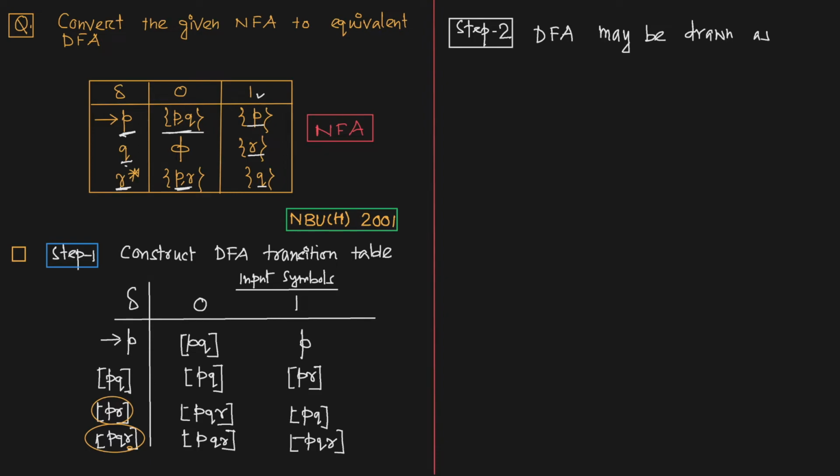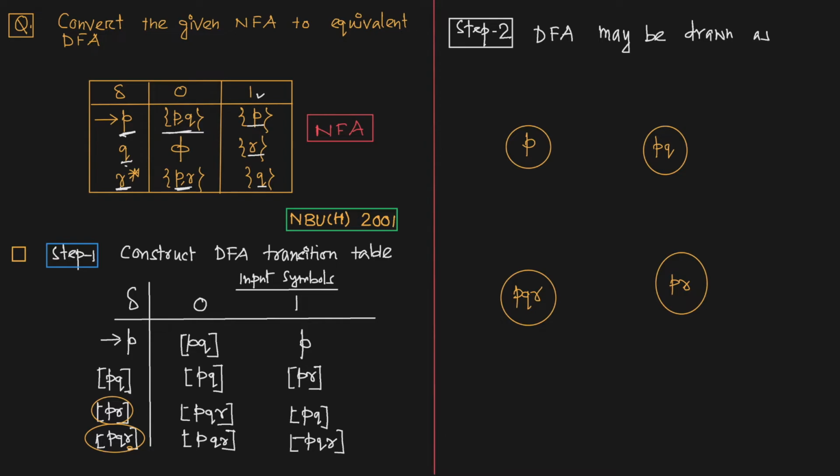So suppose this is Q0, this is P, PQ, and this is PR, and this is PQR.